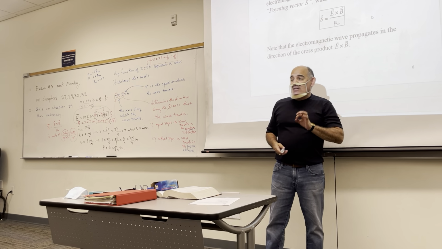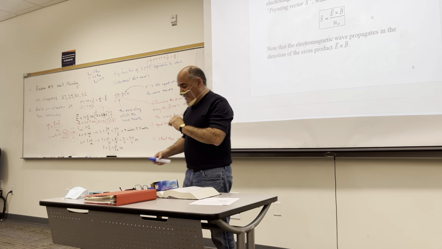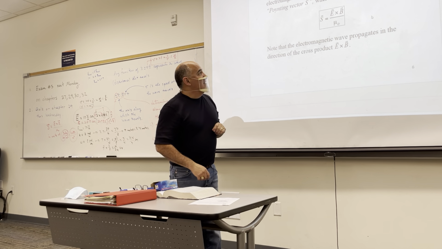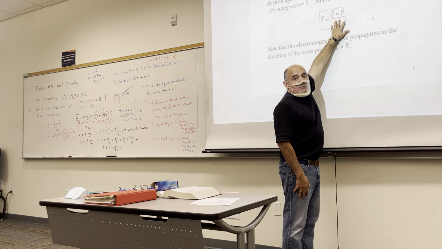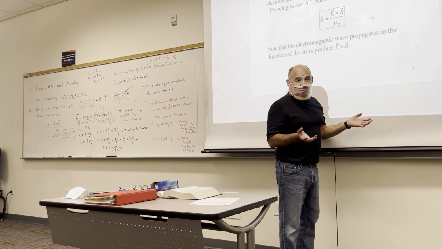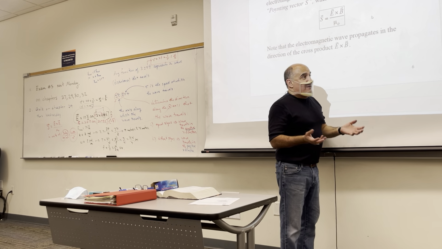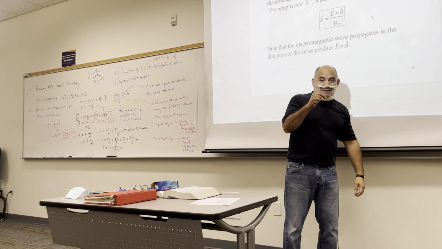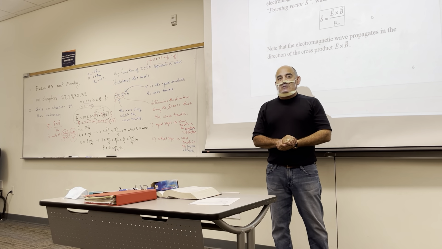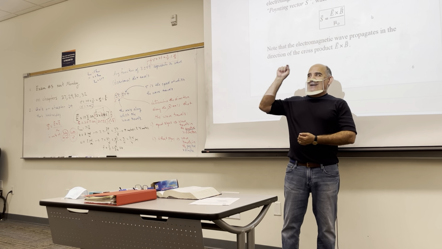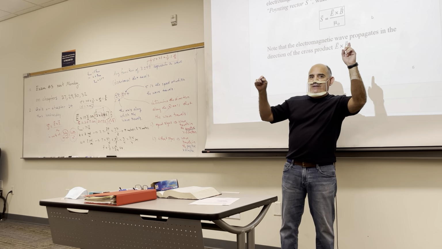So the definition of intensity is you take the average value of this vector, and that's going to be some vector with some average value, and then you just take the magnitude of that average value of that vector. So the intensity is the average value of a vector.